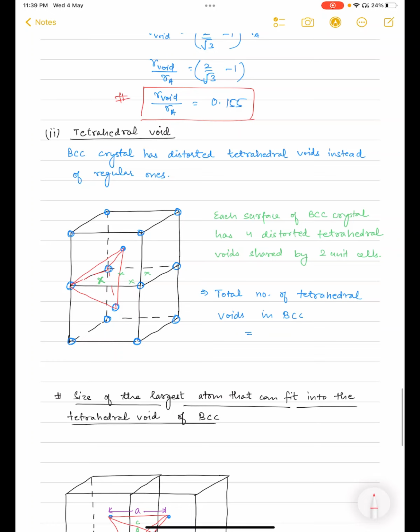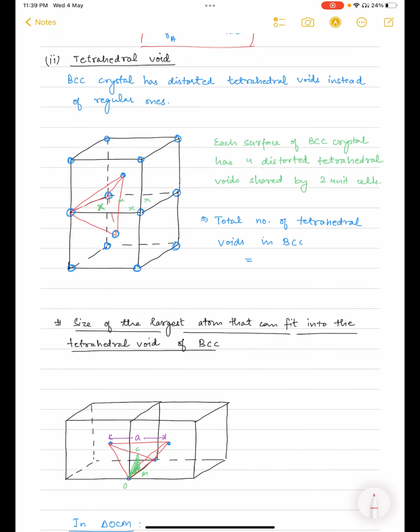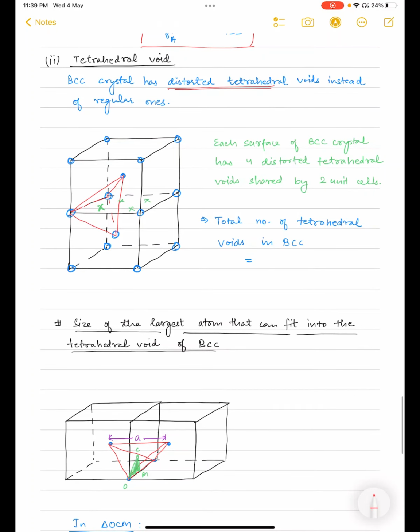Let us move towards the tetrahedral void in a BCC crystal. Similar to the octahedral void, here also the tetrahedral void is distorted and not regular. Each surface of the BCC crystal has 4 distorted tetrahedral voids that are shared by 2 unit cells. So 2 body-centered atoms and 2 vertex atoms contribute towards one tetrahedral void, like this.